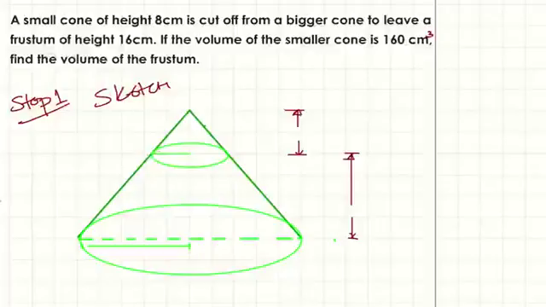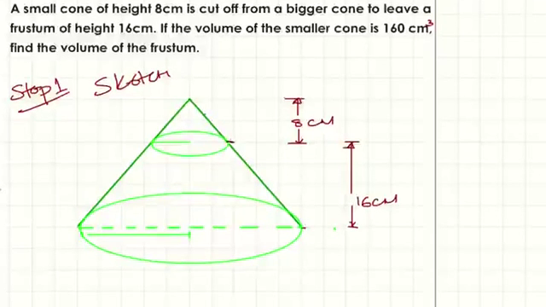The bigger cone is cut, we have the smaller cone, to leave a frustrum of height 16 centimeters. This is the frustrum with a height of 16 centimeters.